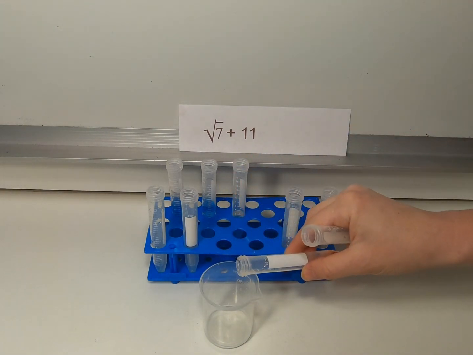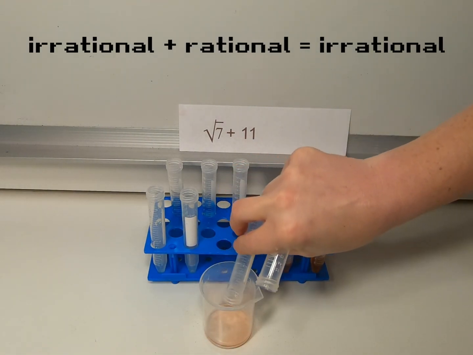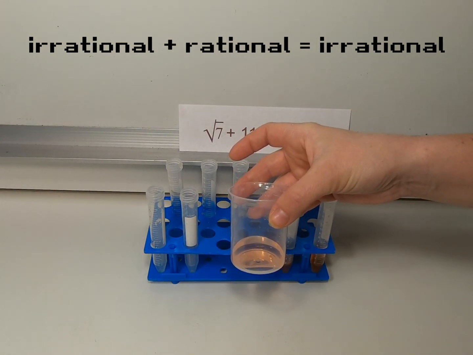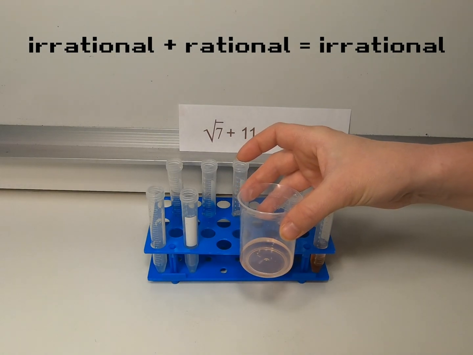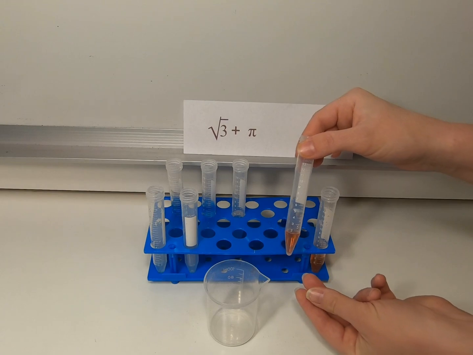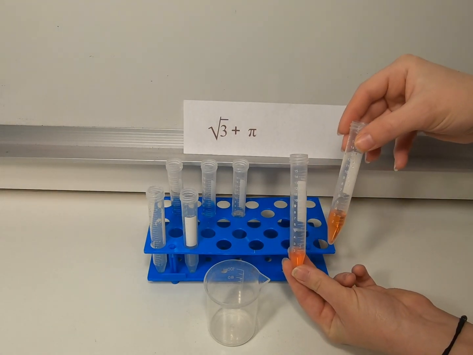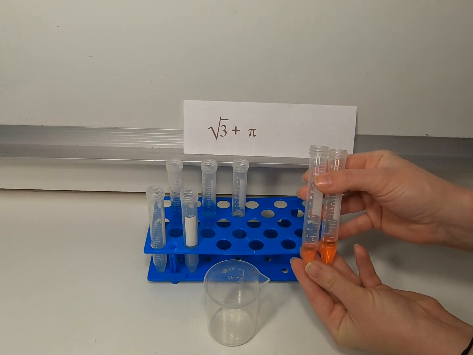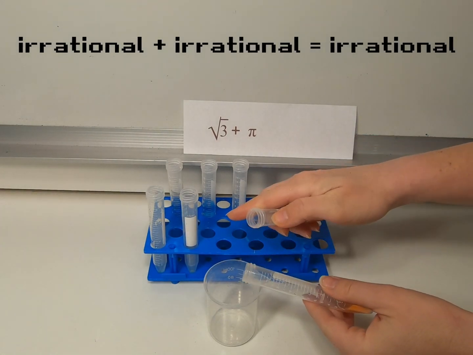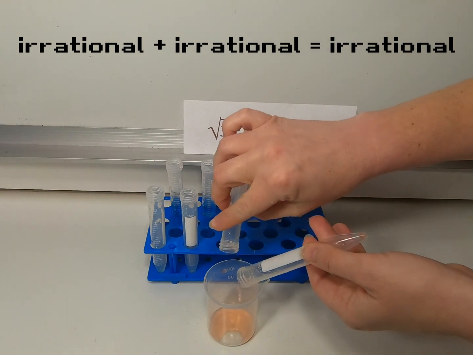Combine these two groups together, and the irrational number will contaminate the rational number, and the answer is irrational because the answer is red. Here's another, irrational plus an irrational number. Now, they are both red because they're both irrational numbers. When you combine these two groups together, you're going to get red, or an irrational number.